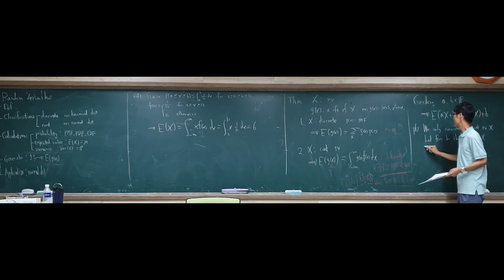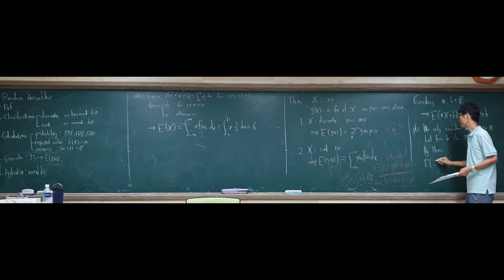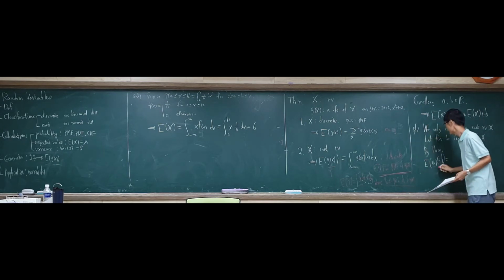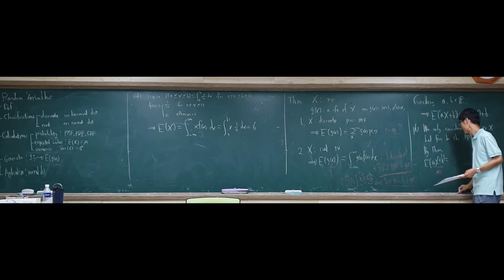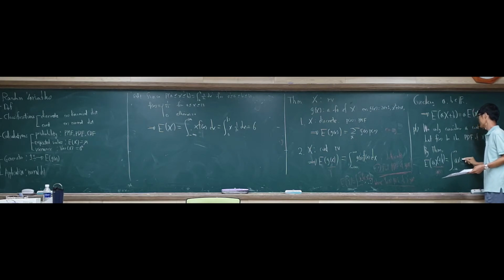Then by the previous theorem, we can see that the expected value of ax plus b is equal to, if you consider this as g(x) in the previous theorem, the integral of this one. And as a and b are constants, here x is the only variable and a and b are constant.